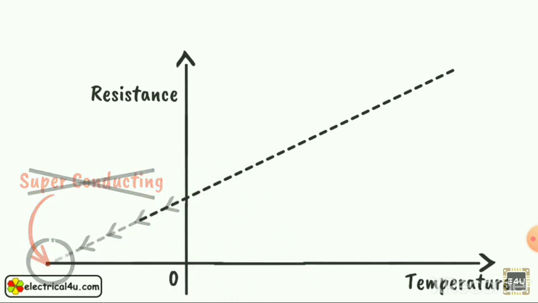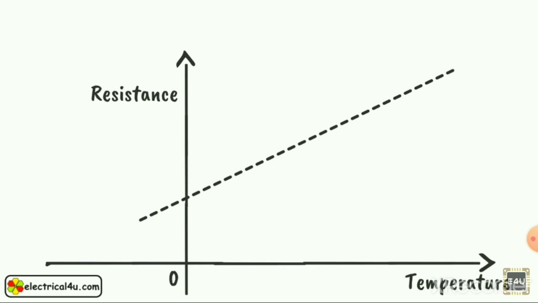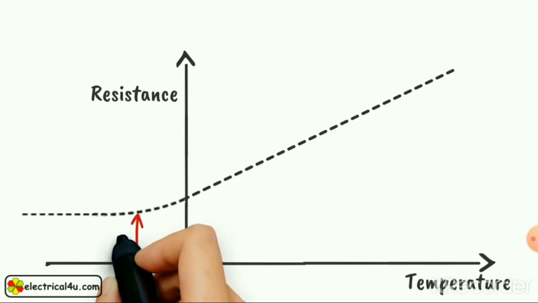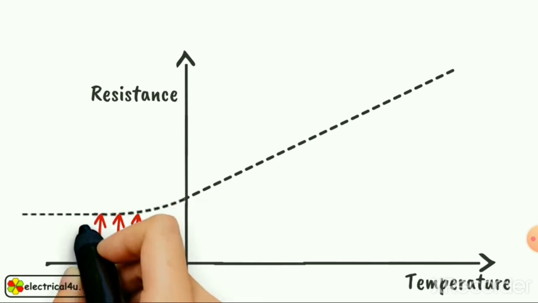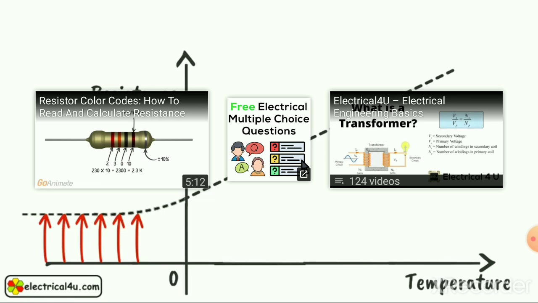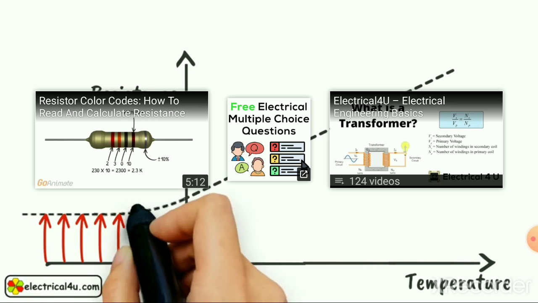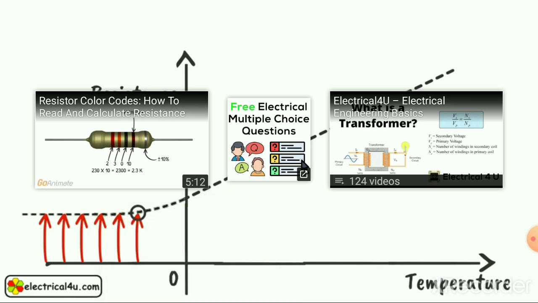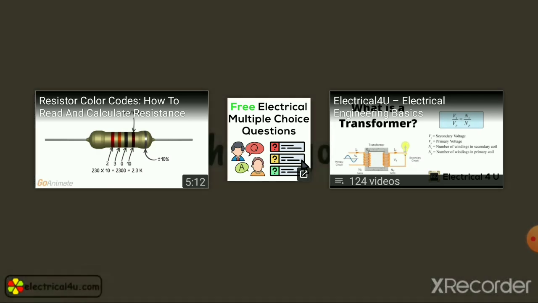Hence, this graph will not touch the horizontal axis. Instead, it will be parallel to this horizontal axis. This diversion of the graph indicates that the resistance of any conductor will become constant after a certain minimum temperature. After this minimum temperature, the resistance will decrease no more. Hope you got a clear idea.